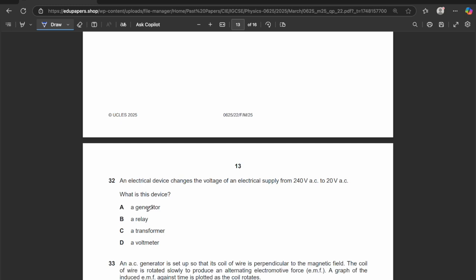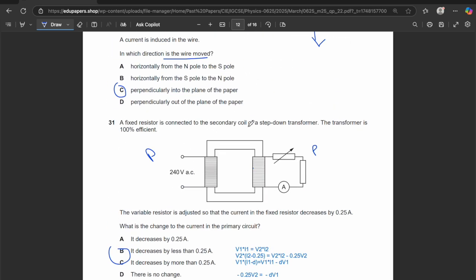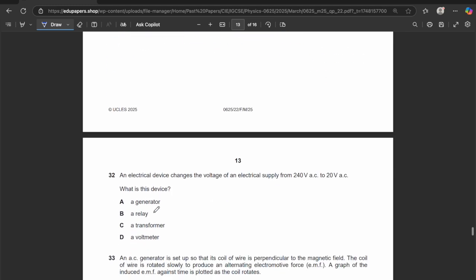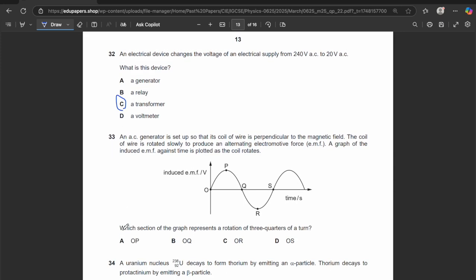It's just trying to operate a smaller circuit using electromagnetic induction. So that's wrong as well. So C is a transformer. A transformer does do that, like we just saw with the step-down transformer. So C is the correct answer. A voltmeter just measures voltage.